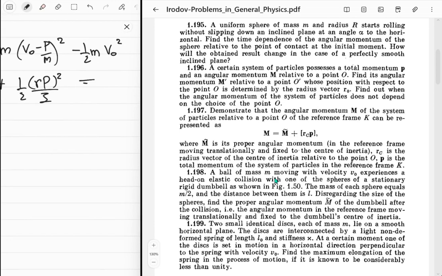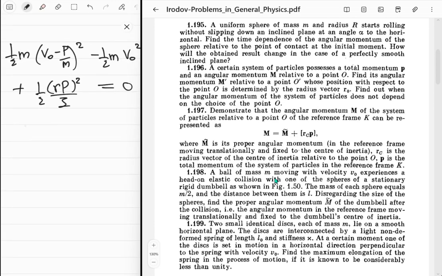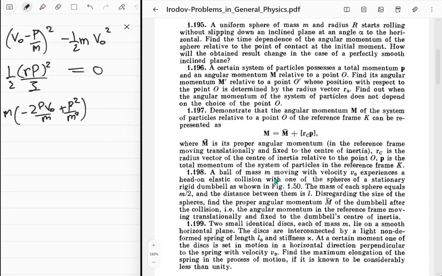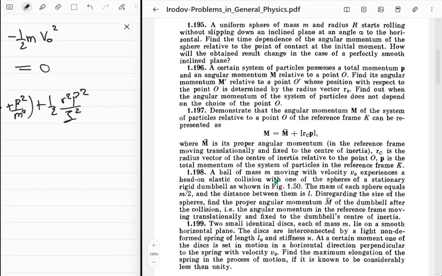That has to be equal to zero. So this whole thing has to be zero, of course. So this just gives us half m, and then this v naught squared gets cancelled. So it's just going to be minus 2p v naught upon m plus p squared upon m squared. And then you got this guy, so half R squared P squared upon I squared is equal to zero.